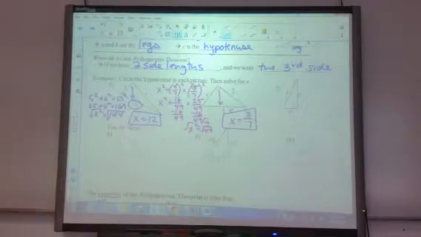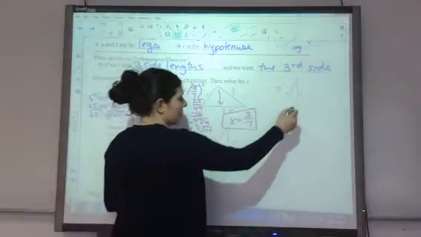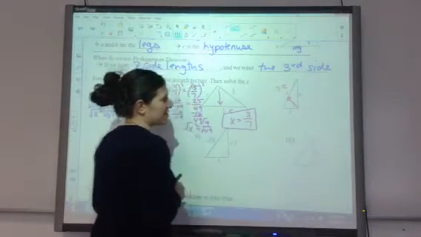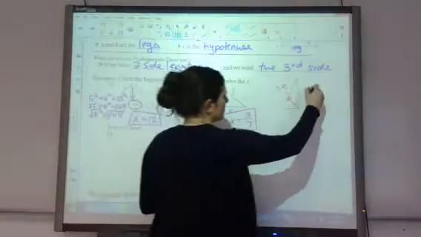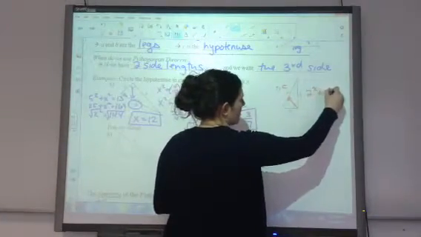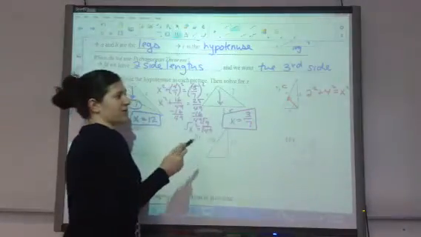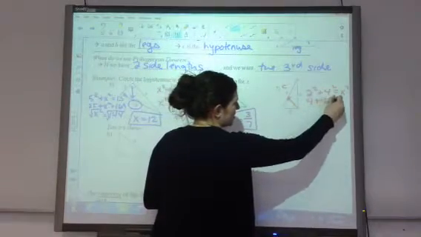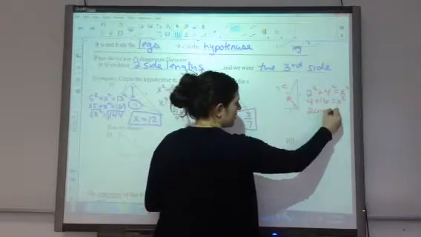In number 7, if you look, still the same concept. So I'm going to go across from the right angle and say, okay, well this time x is going to be my c, or my hypotenuse. So I'm going to take my two legs. So 2 squared plus 4 squared equals x squared. And now I'm going to just break it down, so I get 4 plus 16 equals x squared, so that becomes 20.